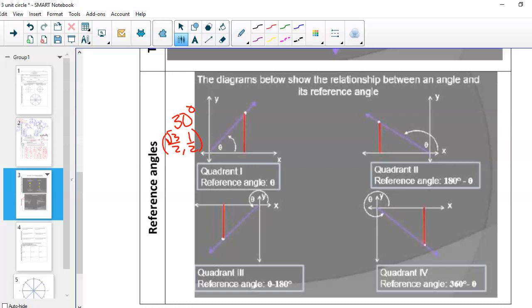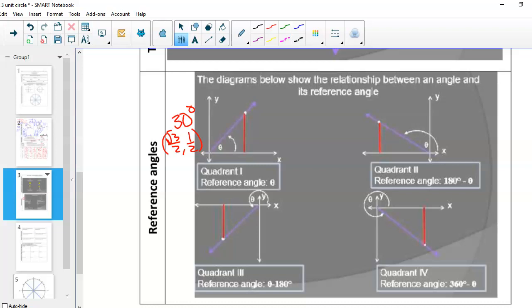Pick one of the angles or radians in your unit circle in the second quadrant. Either one. So 3 pi over 4.